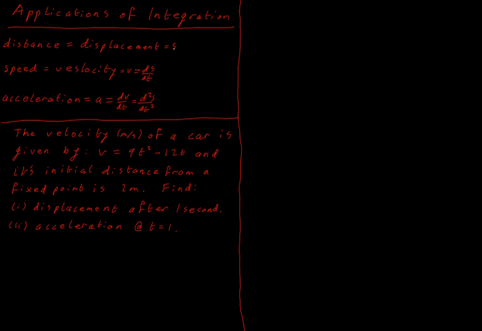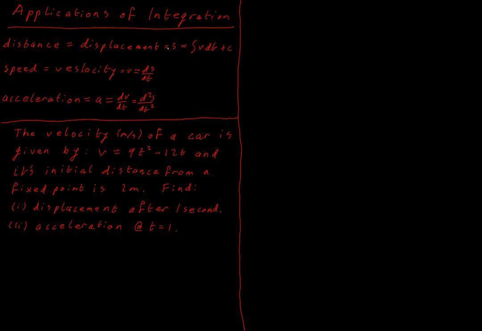So if we think about displacement, if the velocity is the derivative of the displacement with respect to time, then if we integrate the velocity with respect to time, we would end up with the displacement. And of course, as always, we must add on our constant.